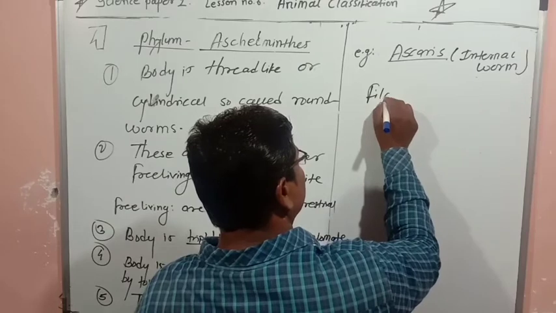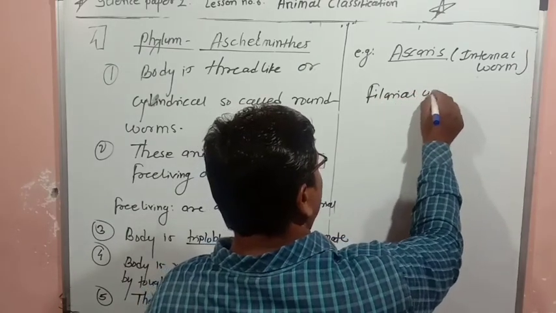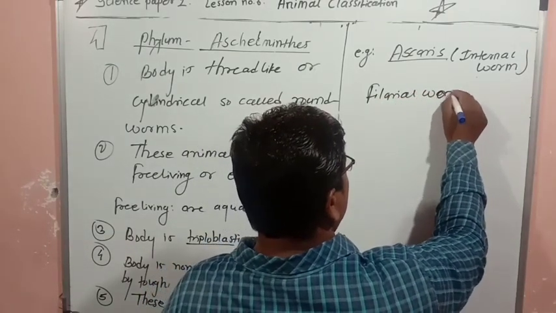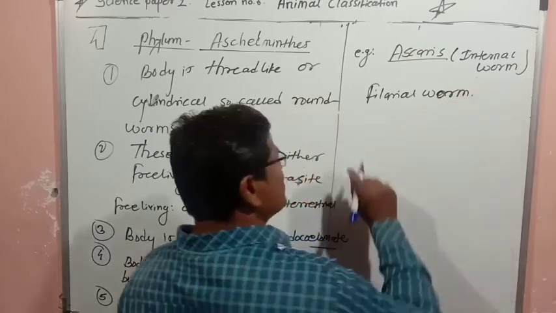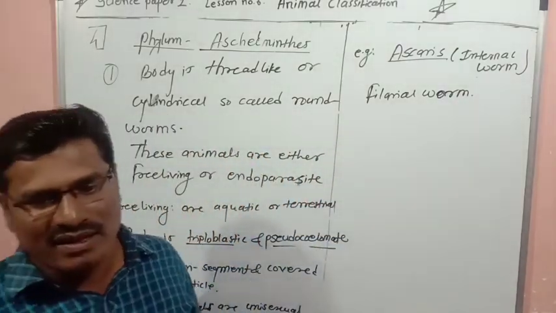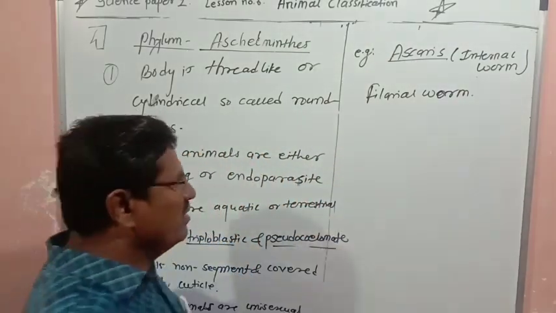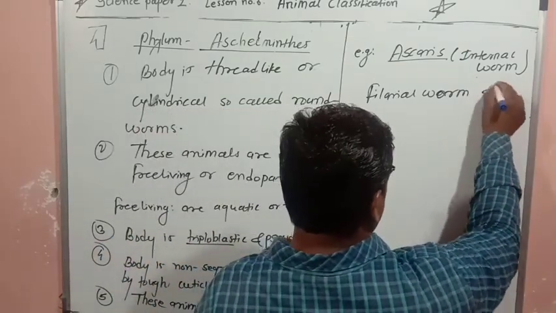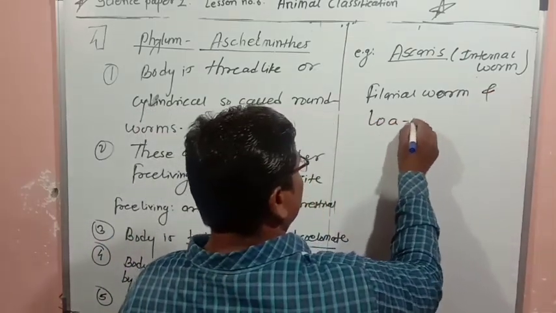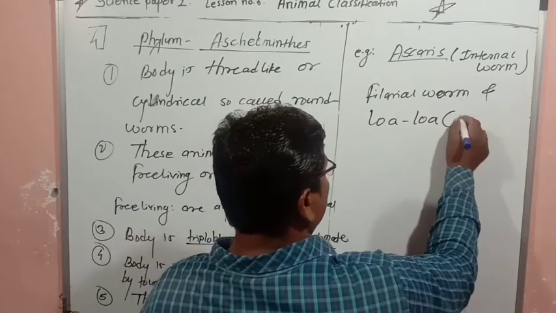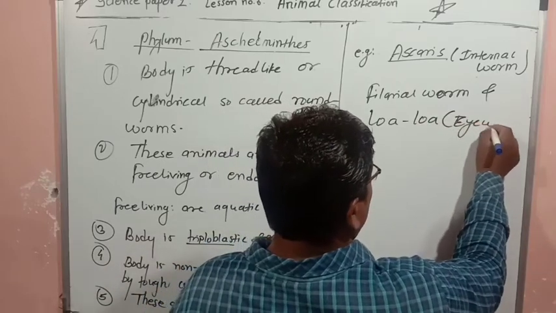And the third example is Loa, also called the eye worm.